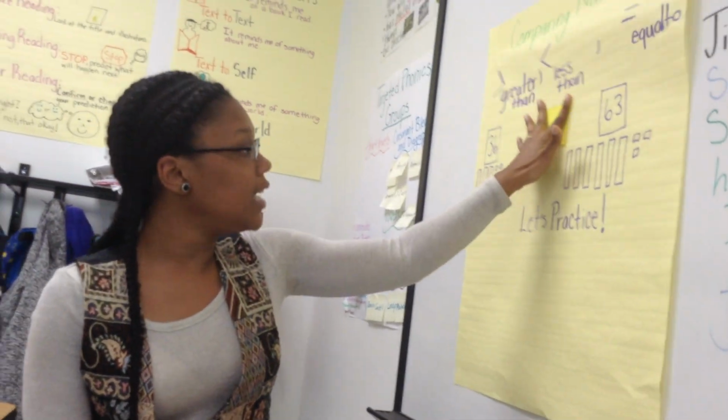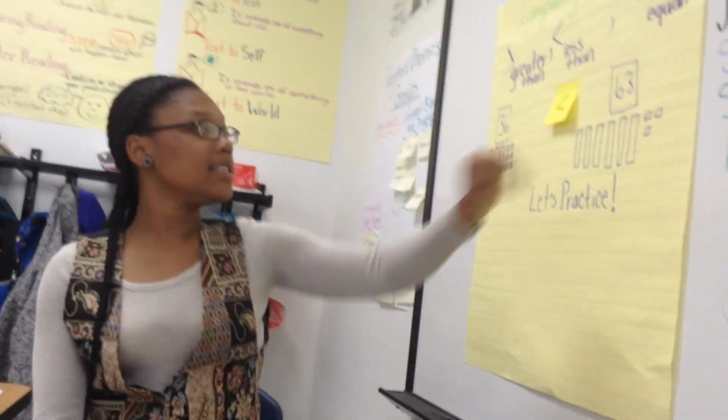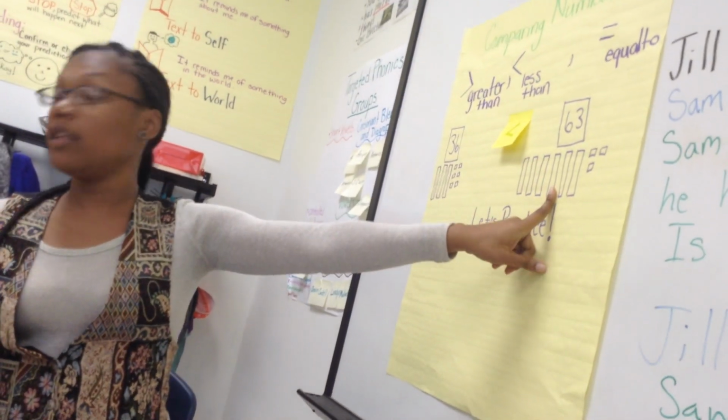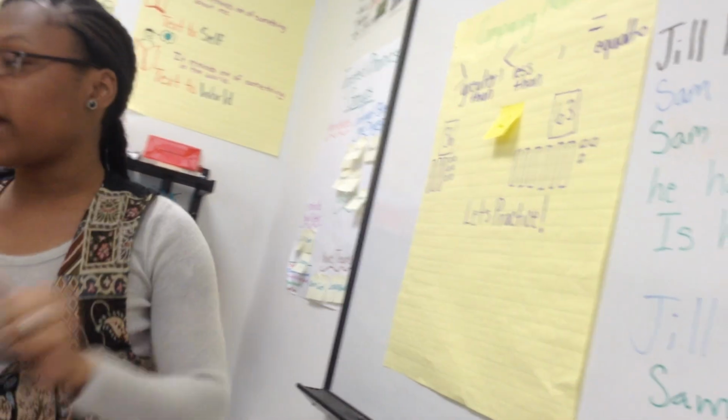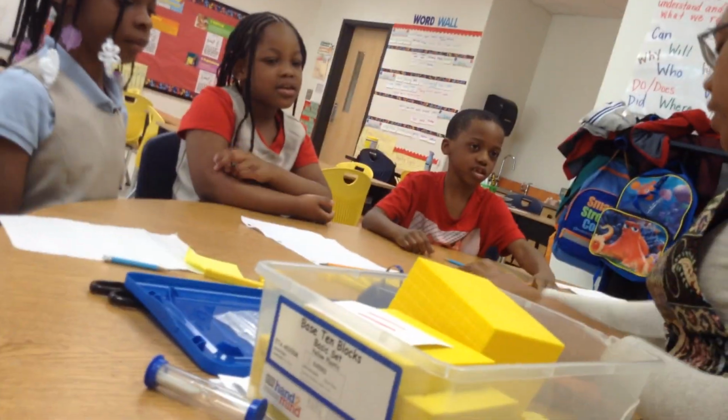So we're going to put that on our chart. 36 is less than 63. You can see the amounts here. Did you make 63 correctly? Yes, good job. So now we're going to practice a little more. Comprende? Sí. Okay.